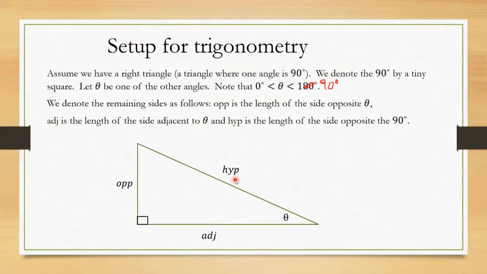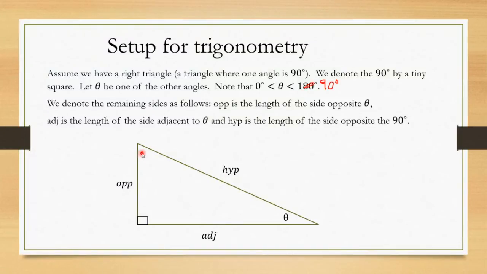HYP is the length of the side opposite the 90-degree angle. No matter what theta is, HYP is always opposite the 90-degree angle. It's called the hypotenuse. Note also, it's the longest of the three sides.